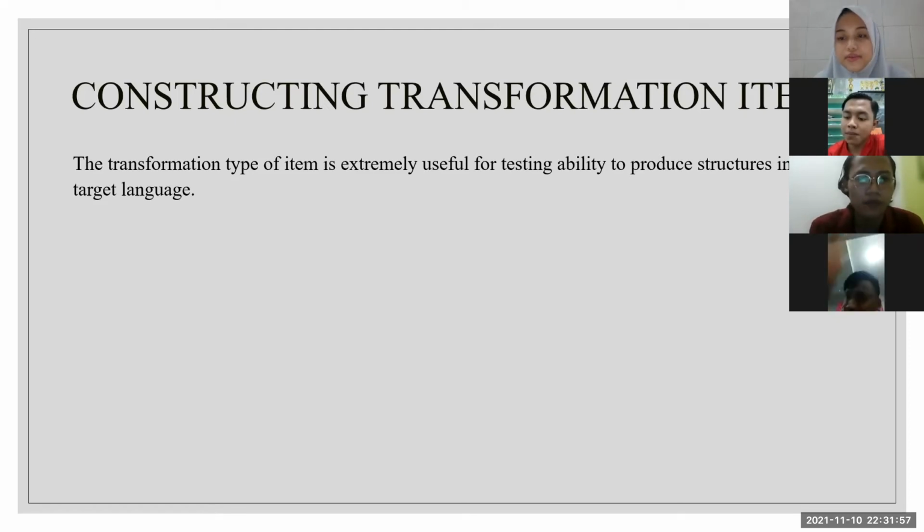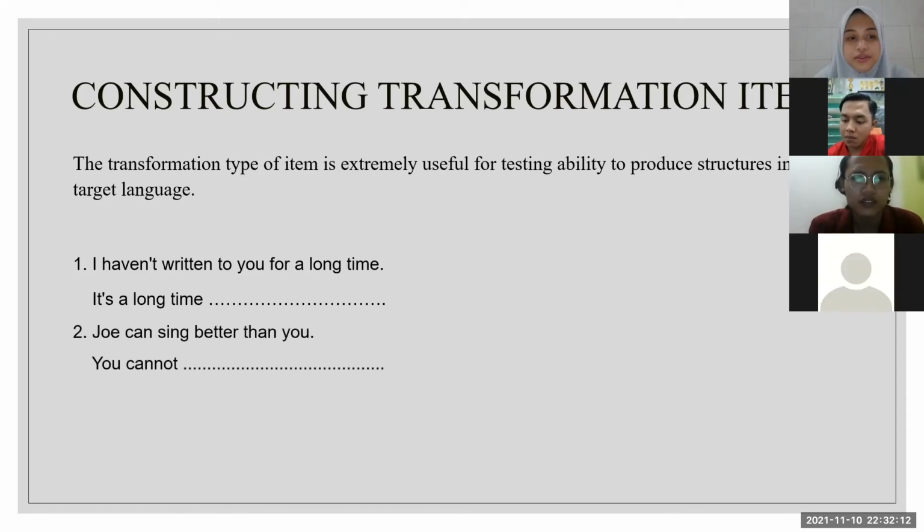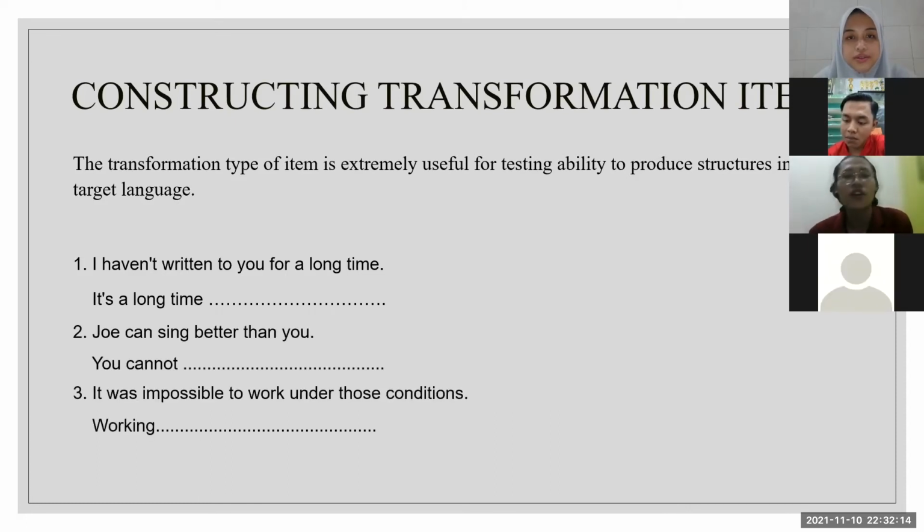The transformation type of item is extremely useful for testing the ability to produce structures in the target language.